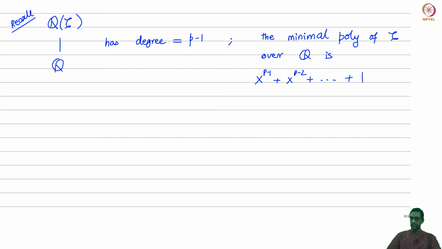Recall one showed that this was irreducible. Again, this is an irreducible polynomial in Q[x]. And to establish this, one used this important thing called the Eisenstein criterion.